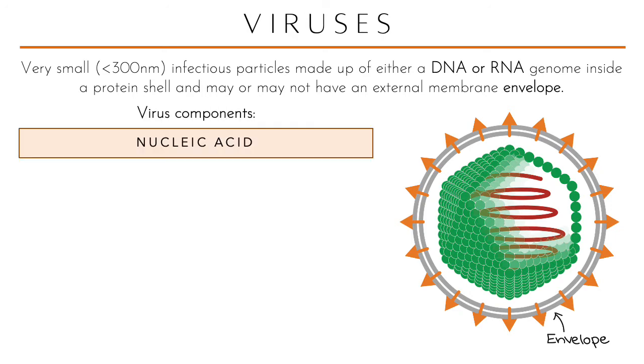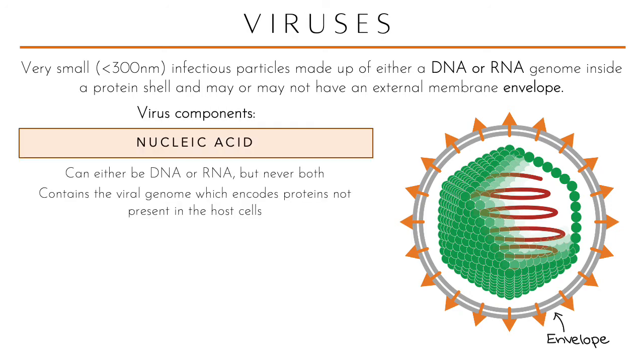All right, let's start with the nucleic acid. The nucleic acid carries the viral genome of the virus. This viral genome or genetic sequence encodes for proteins that the virus needs for its goal of infection and replication. And these proteins are not present in the host cells.